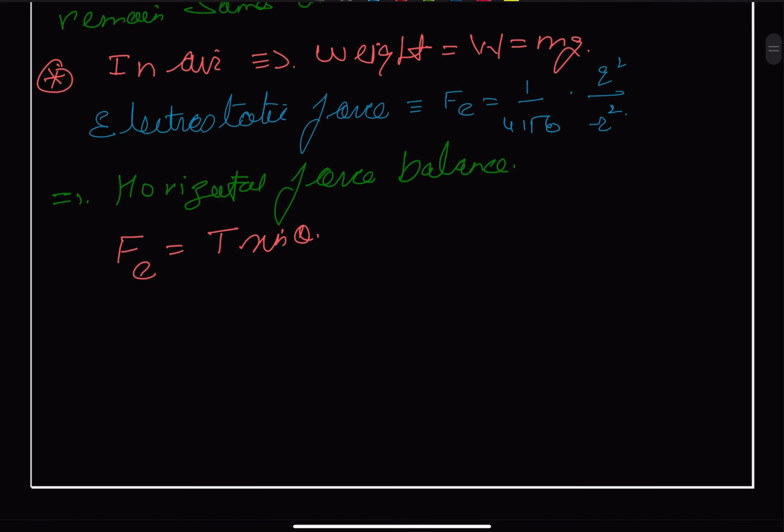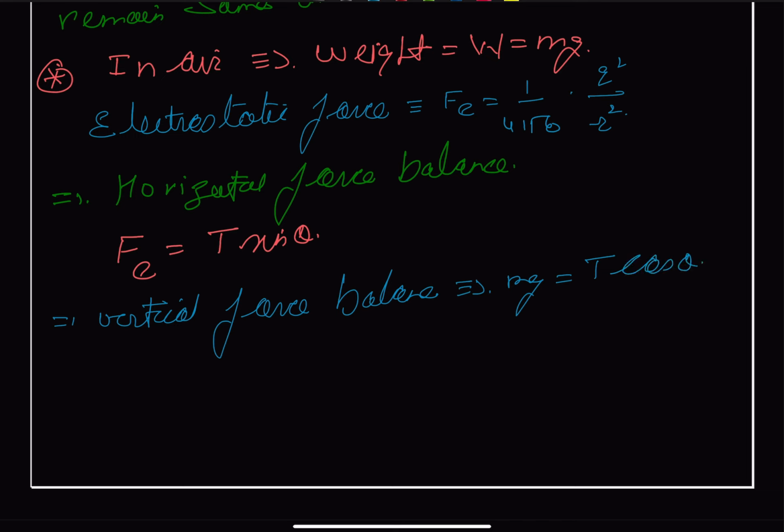And next is our vertical force balance, which gives us that mg is equal to T cos of theta.